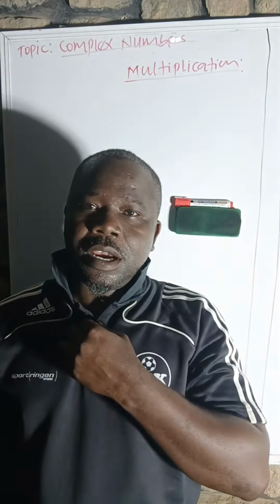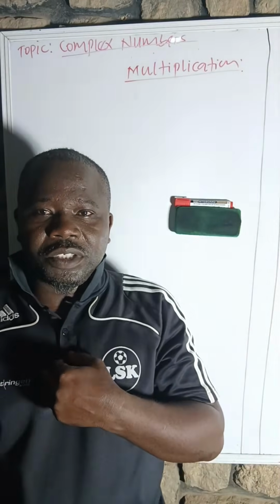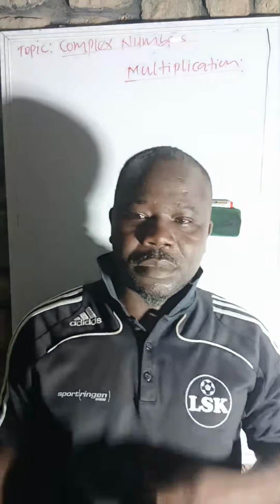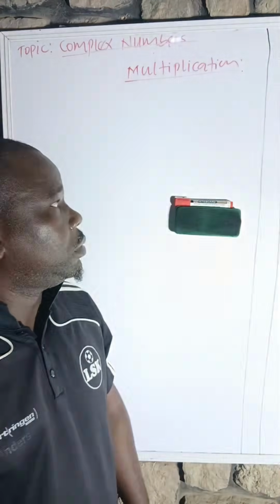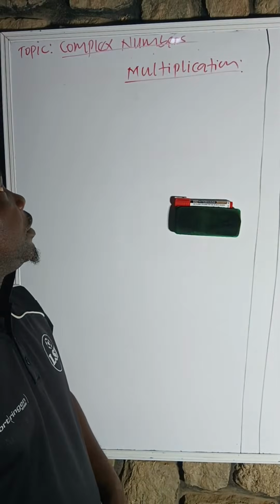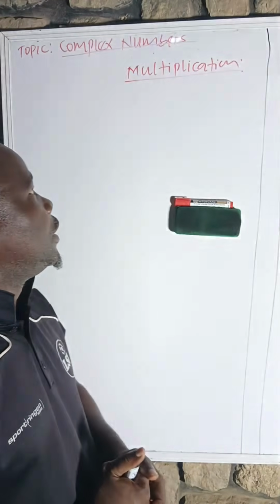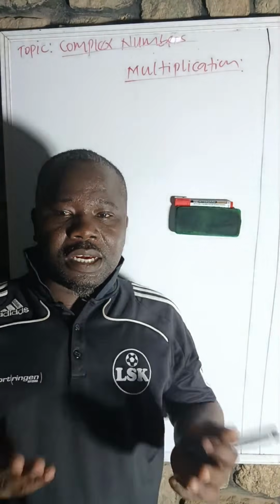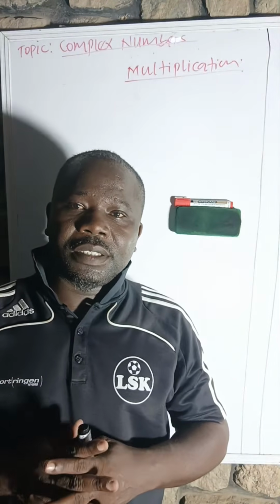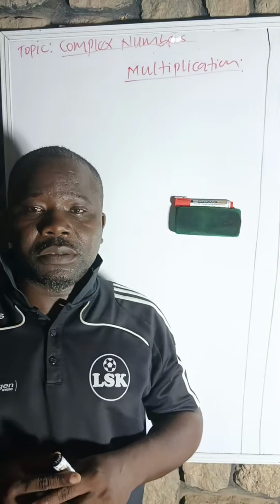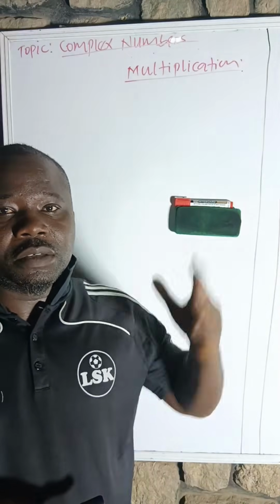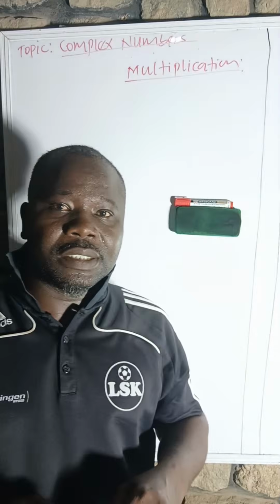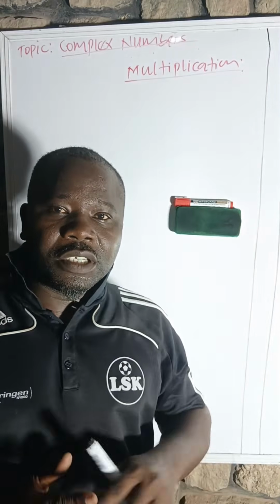Tonight, we'll continue from where we stopped on Saturday. We'll be talking about complex numbers. If I'm not mistaken, we did addition of complex numbers, subtraction, and we're about to look at multiplication.